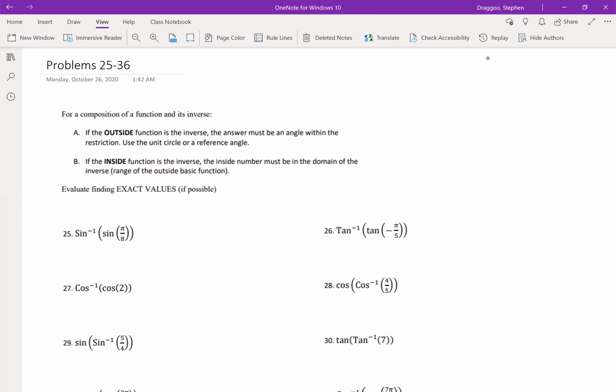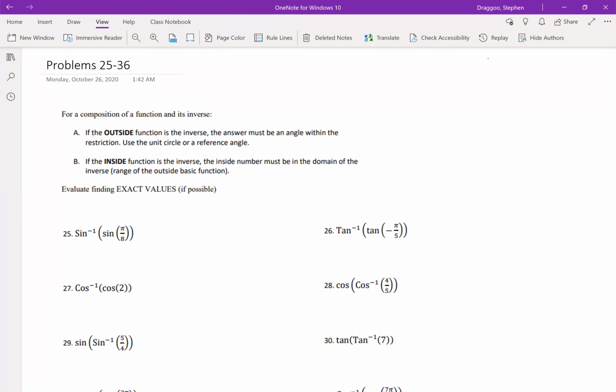So hopefully, if this were an ideal world, we'd be able to just get the same value right back out. But because of the way that we have those restrictions where we're only limited to specific quadrants, that won't always work out to be the case. But at least for a couple of these, they'll work out nicely.